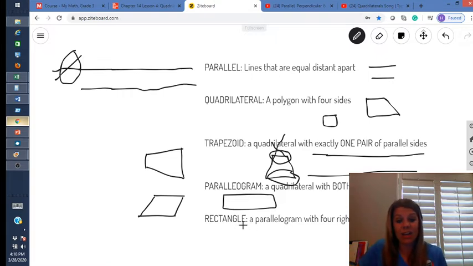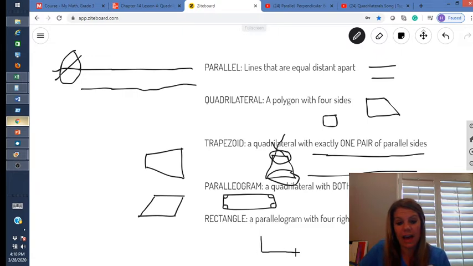Now, the only difference between a rectangle and a parallelogram is that a rectangle also has to have four right angles, right? We know that this angle and this angle are 90 degrees. They're perpendicular, right? We learned that in the song, perpendicular, they're rectangular. You love my singing.